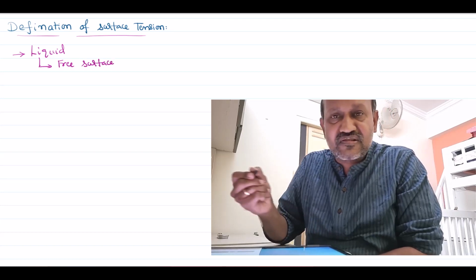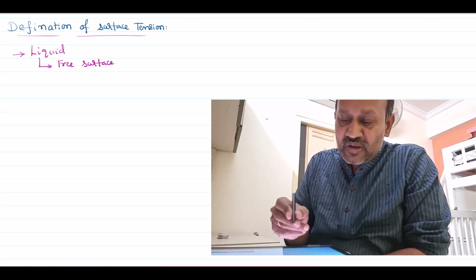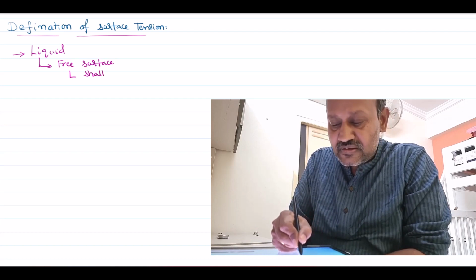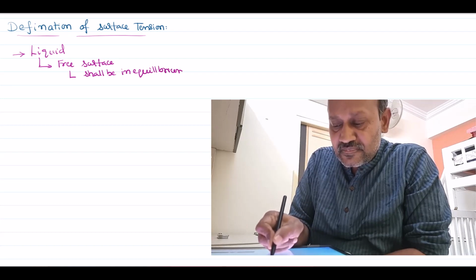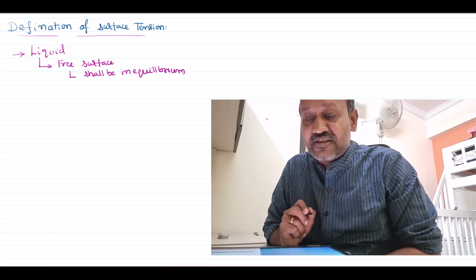Free surface means it's not attached to anything else, it's free, right? And that free surface shall be in equilibrium, meaning there is no resultant force acting on that free surface, right?